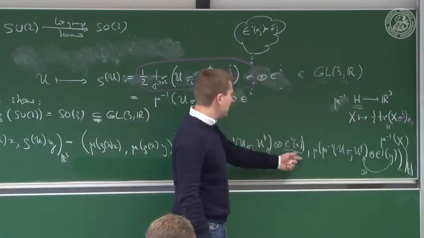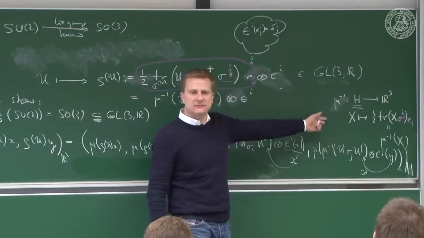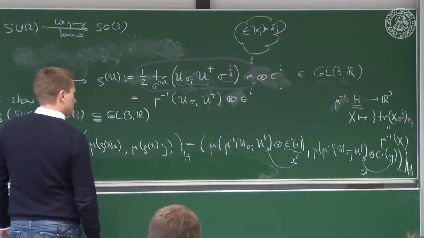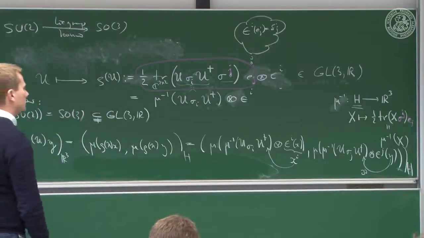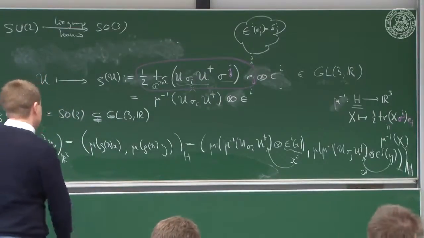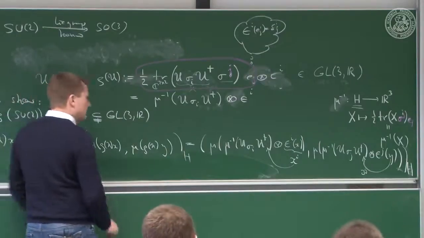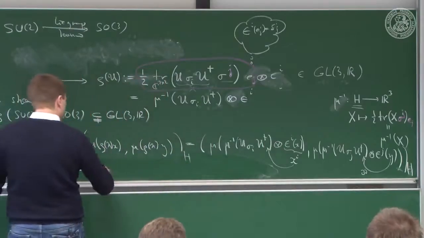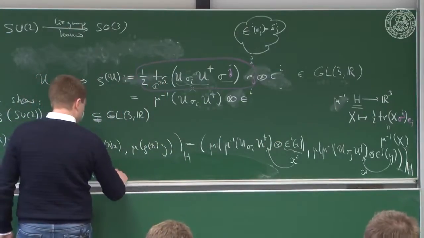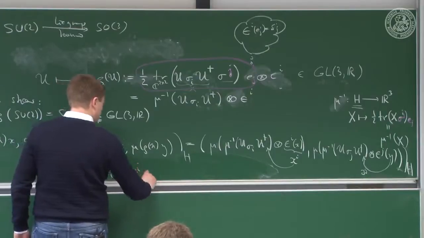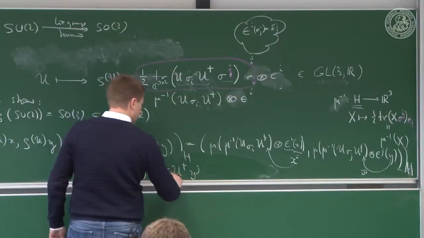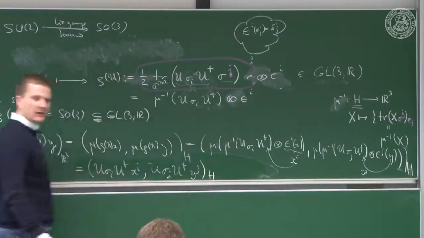So I use the summation and the full linearity, scaling and additivity. I pull this in, that's correct. And then I really have mu of mu inverse, and that's it. Then mu of mu inverse goes away, so this is u sigma I u dagger xi, comma u sigma j u dagger yj, all with the H inner product.